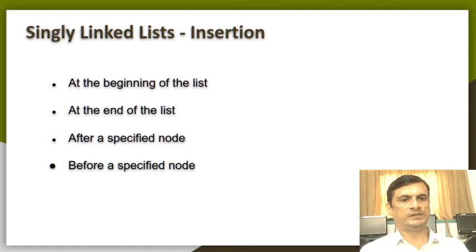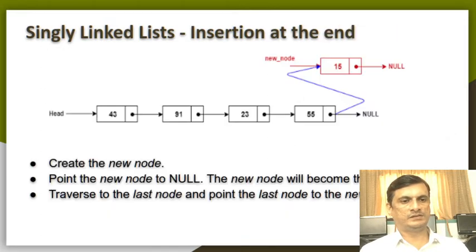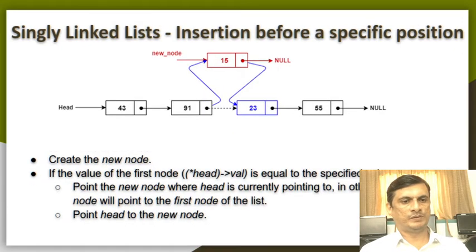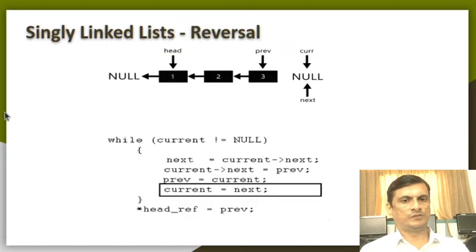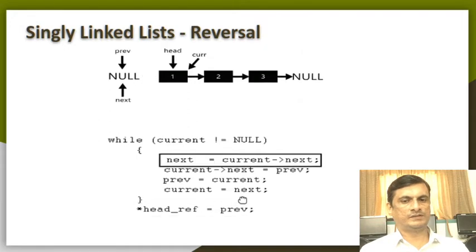If it is at the beginning of the linked list, this is the logic that is going to be useful, and if it is at the end, this is the logic that is going to be applicable. If it is in between, this is after a particular node, and this is before a particular node. Also, we discussed how to reverse the linked list with this animation and with this set of instructions.